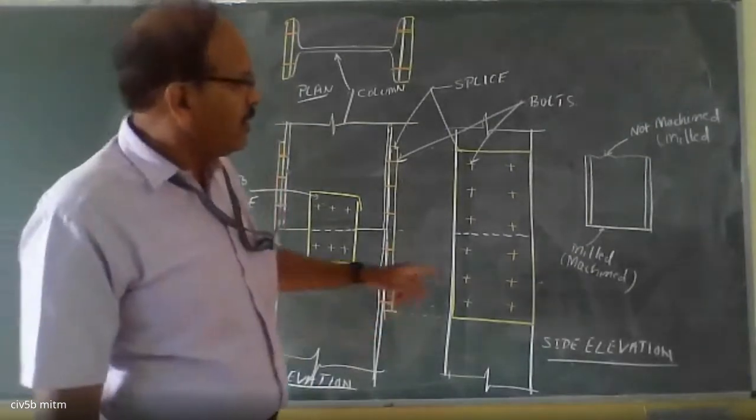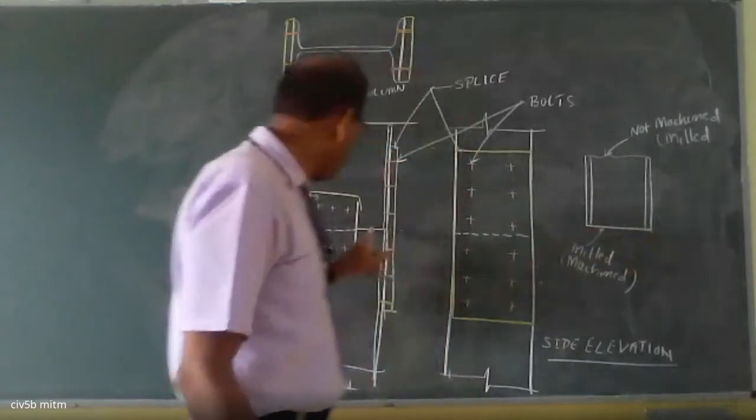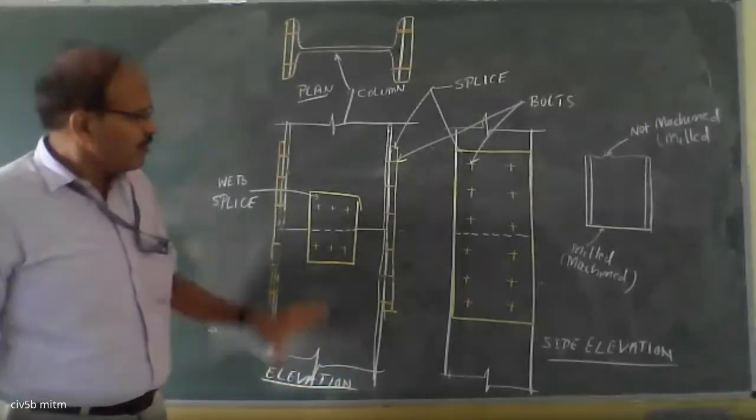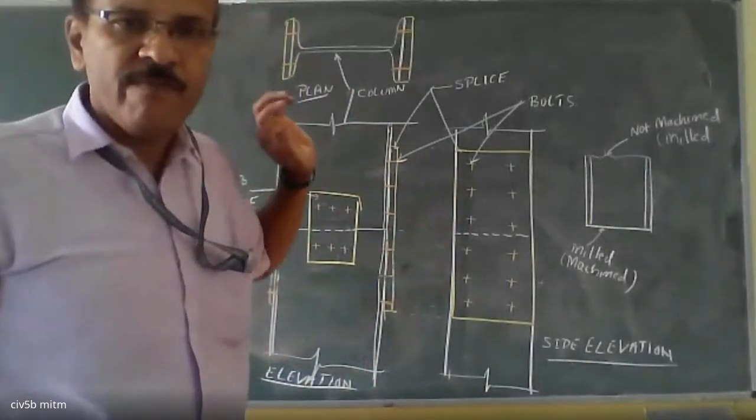Usually it is better to mill it so that they can have good contact. Is it clear to you? So this is the way beam to beam, column to column connection is done.